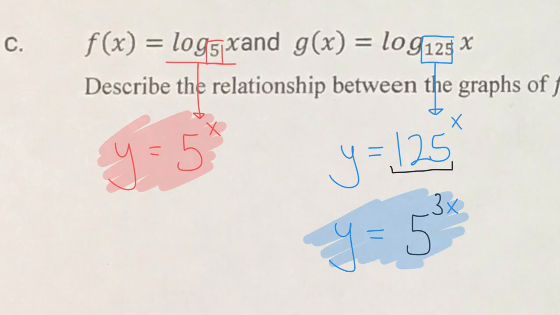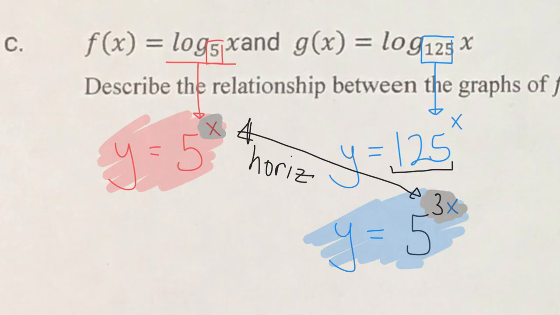And what do I notice about my exponents? This one is x and that one is 3x. And anytime something happens with an x, this is a horizontal transformation. In fact, this is a dilation because it is being multiplied by your x.